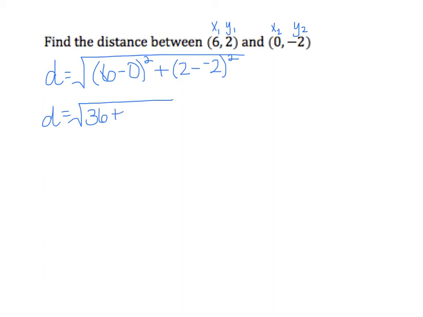And then this becomes plus a positive, so that's 4 squared is 16. This becomes the square root of 52. And we can simplify that to 2 root 13. So this is going to be the distance between our 2 points.